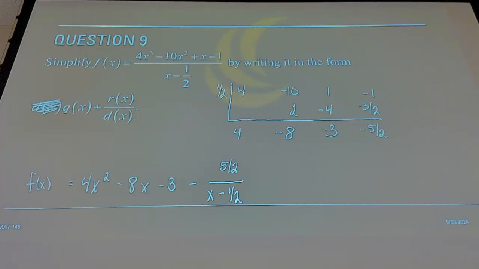I need really good highlighter colors. Ooh, that worked. No, see, even that doesn't work. That is the only one I can do that actually shows up. So what kind of fraction is that known as?